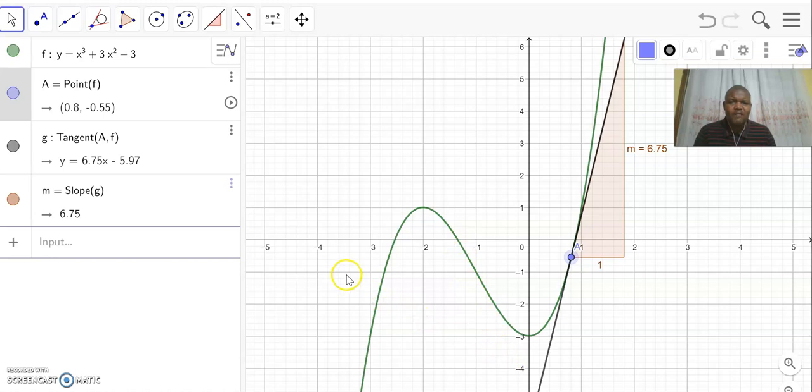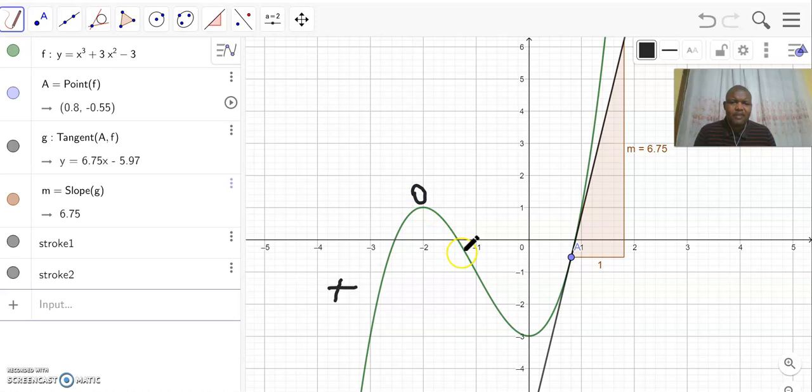So when we have a positive gradient, and then we have 0 gradient at this point, and then we have a negative gradient at this point, then we have a maximum point. This is what the learners have to explore at that particular time.